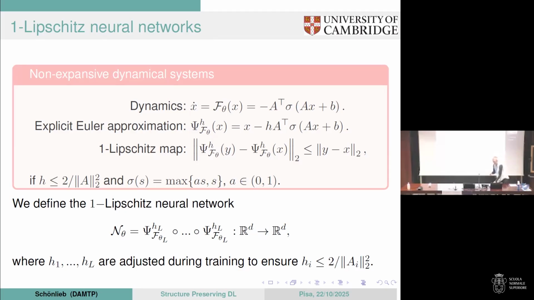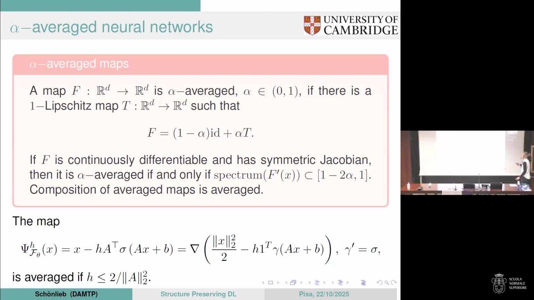Now alpha averaging, going back to what Stefan has just asked. A function f is alpha averaged if there is a one Lipschitz map such that you can write f as a linear combination of the identity and this one Lipschitz map.